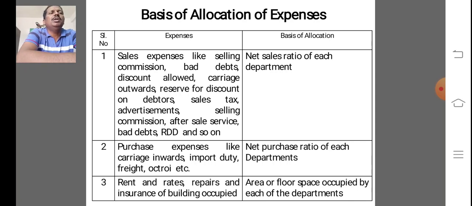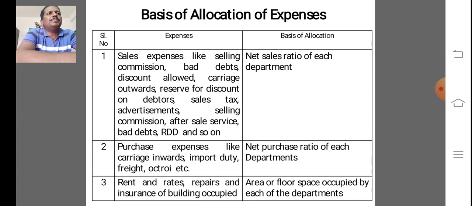Repairs of machinery, ratio of value of machinery or floor space occupied by machinery. Insurance premium, value of the subject matter insured. Workmen compensation insurance, ratio of wages to workers. Canteen expenses, ratio of number of workers. Recreation expenses, ratio of number of workers. Labor welfare expenses, also ratio of number of workers in each department.